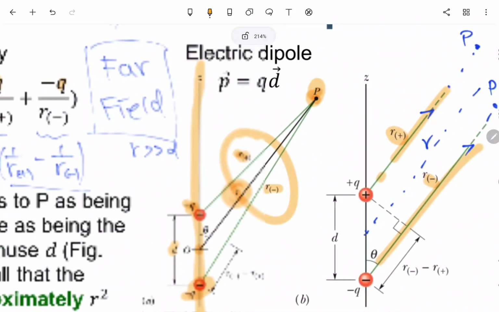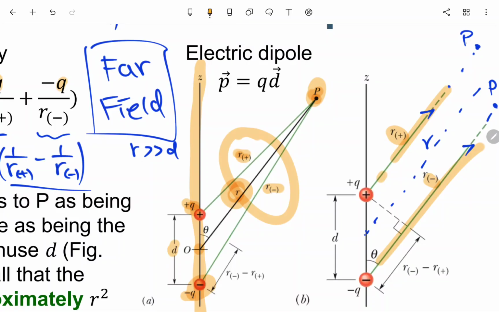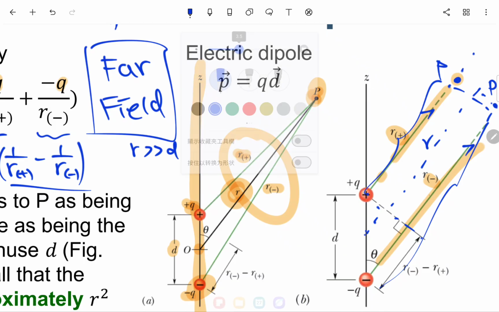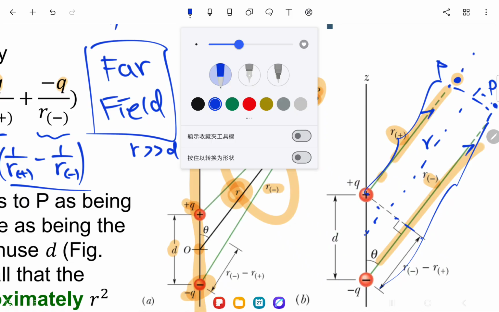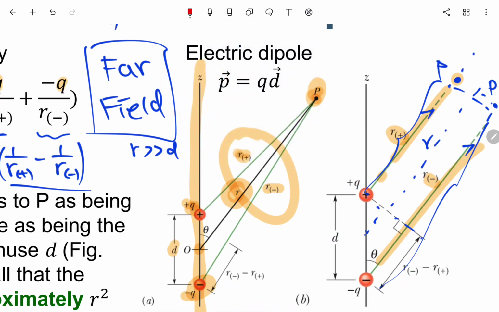So suppose P is here. And then this is R plus, this is R minus. So what it means is that this will be a rectangle.